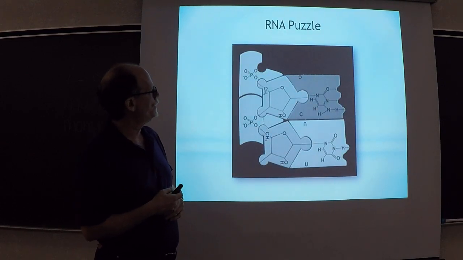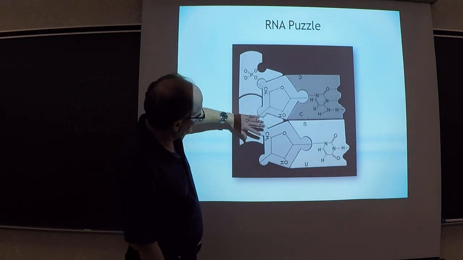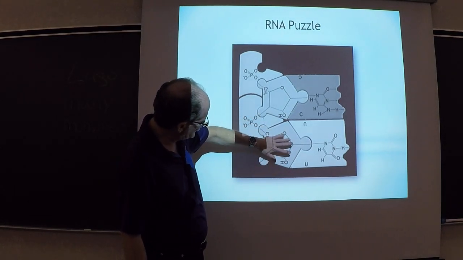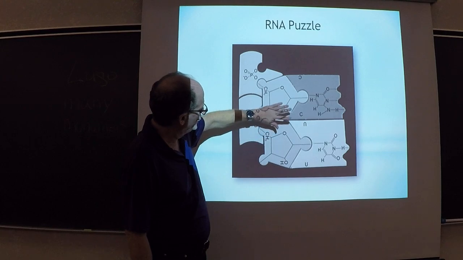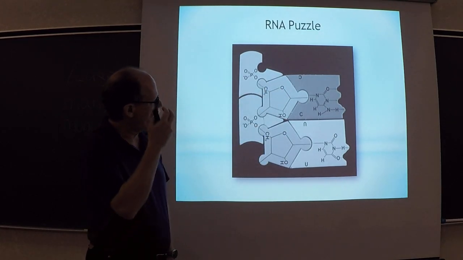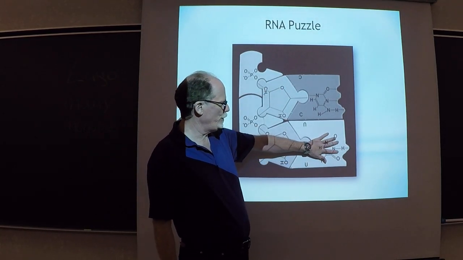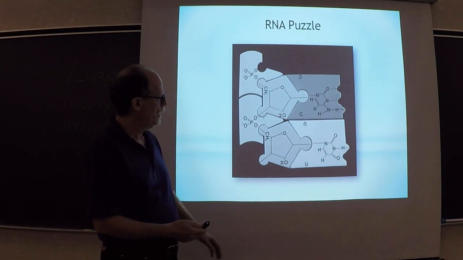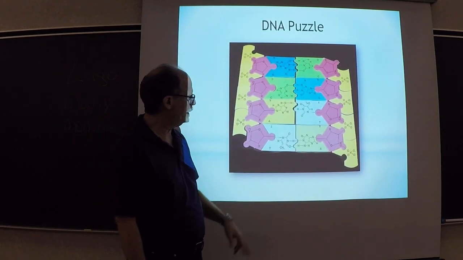Now the RNA puzzle means that this is ribose instead of deoxyribose. You'd only see U in RNA, you only see T in DNA.